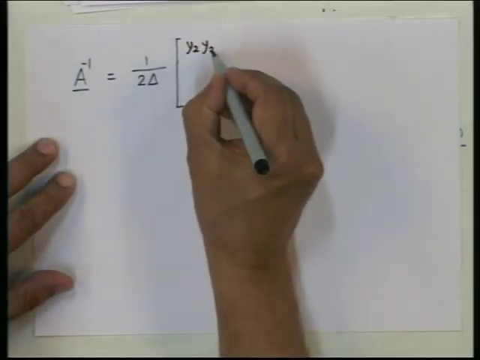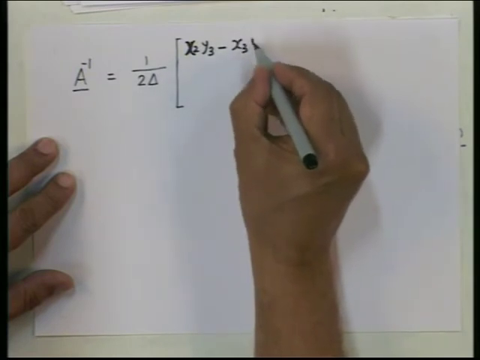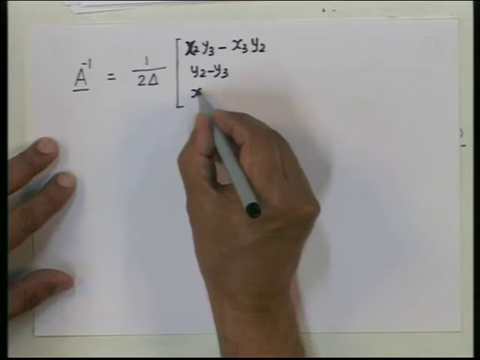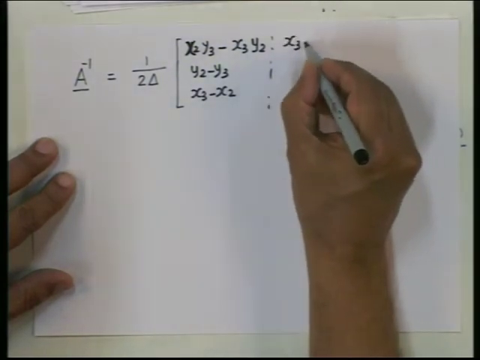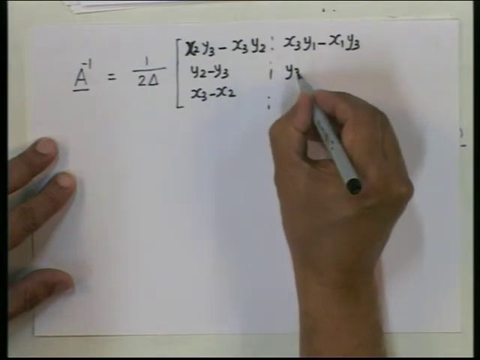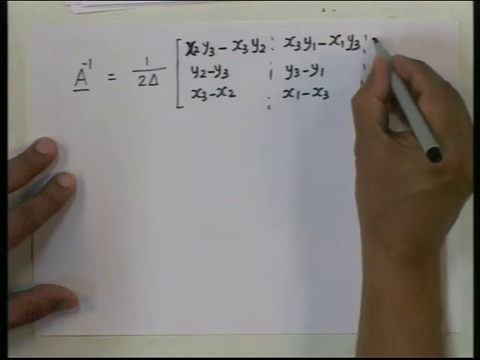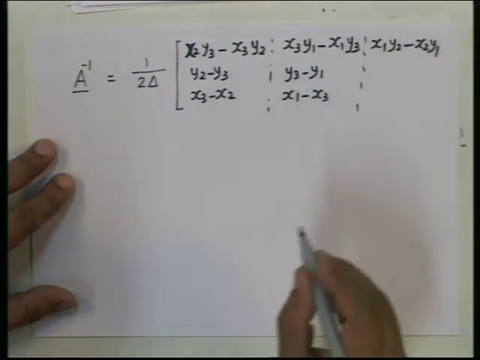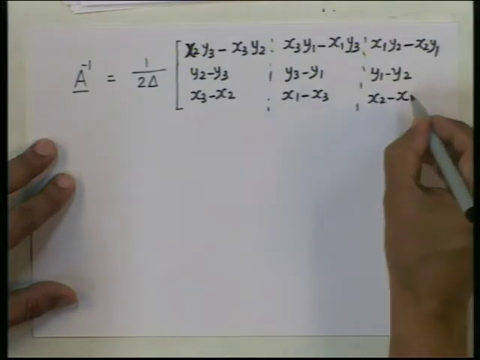first line is x2 y3 minus x3 y2, y2 minus y3, x3 minus x2, then x3 y1 minus x1 y3, y3 minus y1, x1 minus x3, then x1 y2 minus x2 y1, y1 minus y2, x2 minus x1.